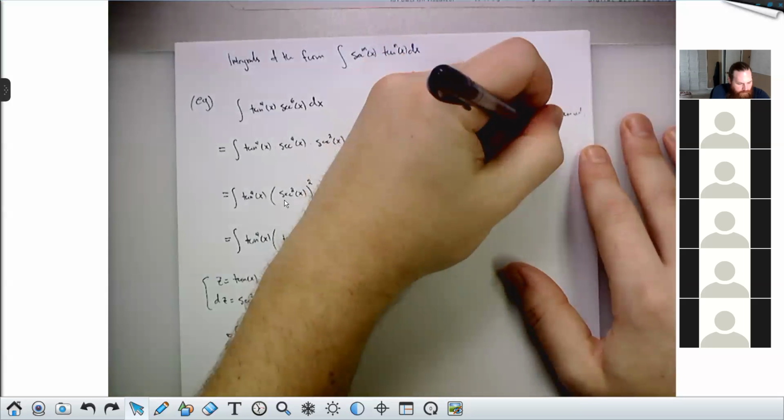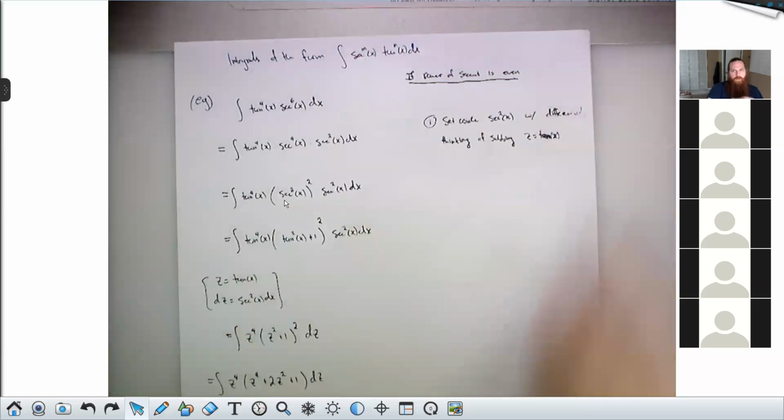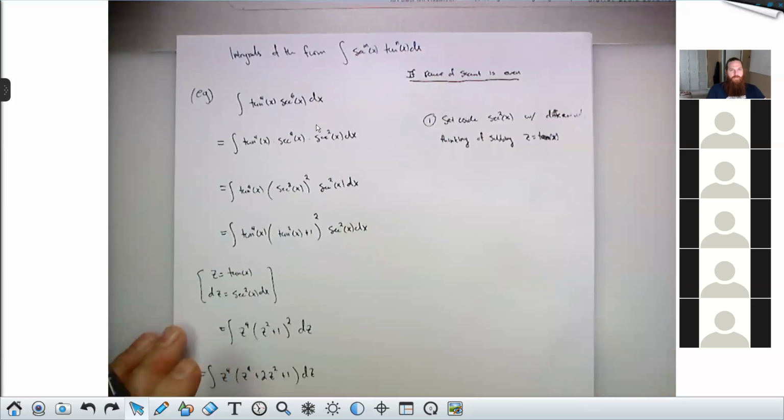Sorry, this pen just can't seem to catch a break with these. It's a different pen than we had dying on Monday. So our first step is to set aside 2 copies of secant with the differential.